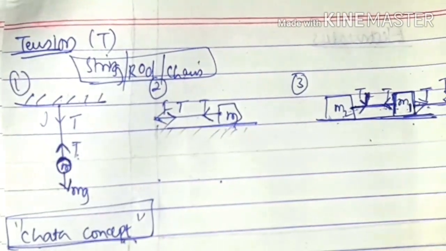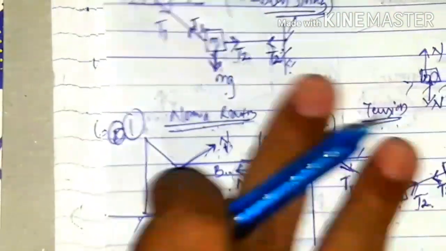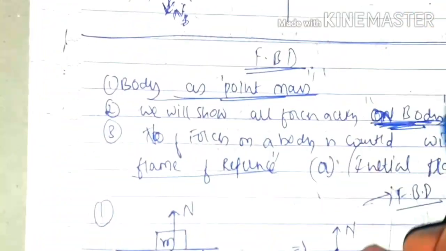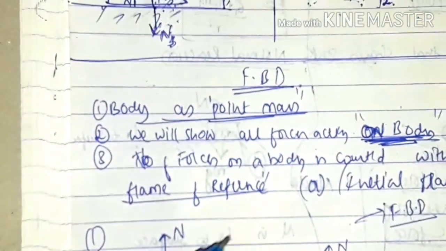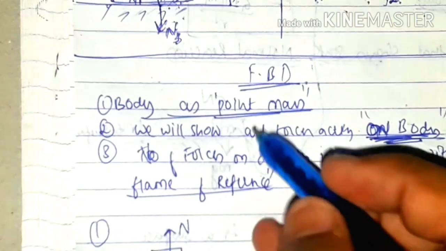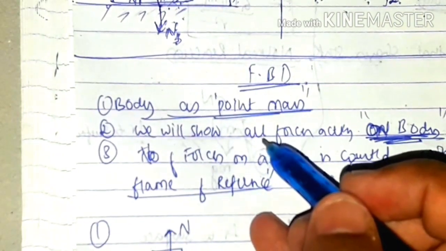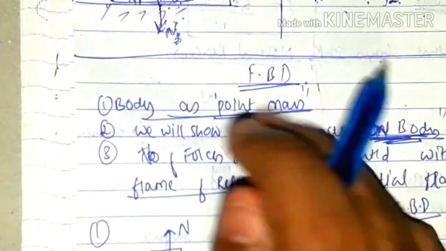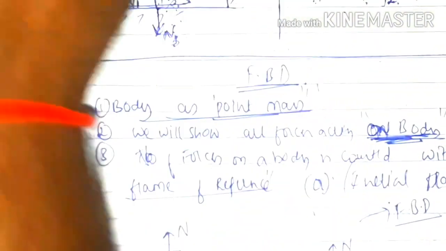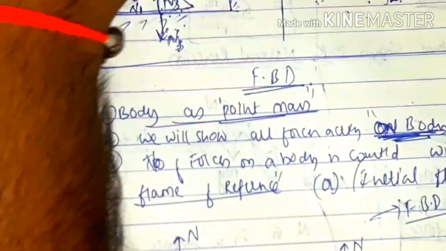But we cannot do the same kind of diagram all the time and keep solving the problems. Instead, we need to go for a different kind of procedure, a technique we have to follow. The technique we follow in solving these kinds of problems, we call it a free body diagram.